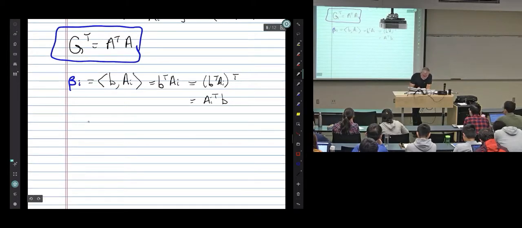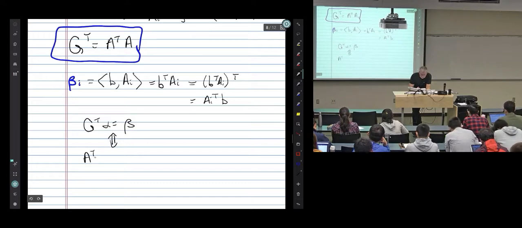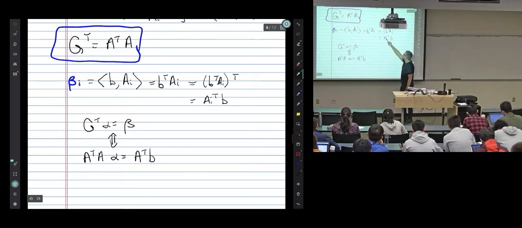Okay, so the normal equations, G transpose alpha equals beta. That's A transpose A times alpha equals A transpose times b. Beta 1 is A1 transpose times b. Beta 2 is A2 transpose times b.